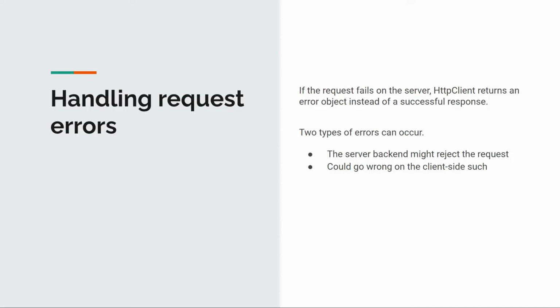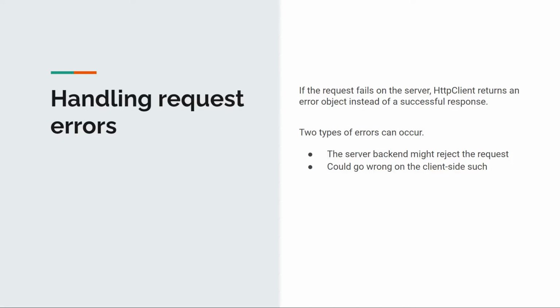Okay, now we are going to discuss handling request errors. If the request fails on the server, HTTP client returns an error object instead of a successful response. And this can happen in two stages; two types of errors can occur. One is that the server backend might reject the request.